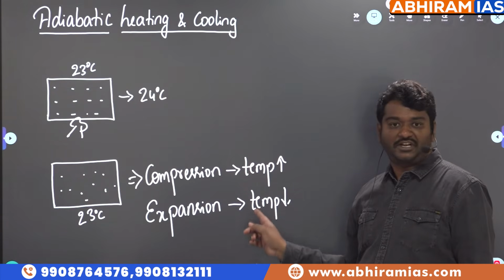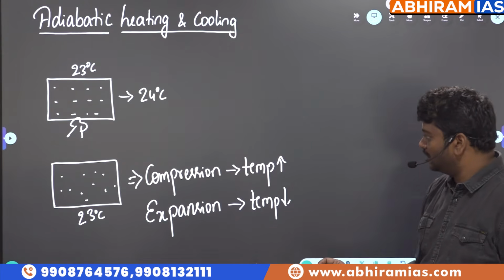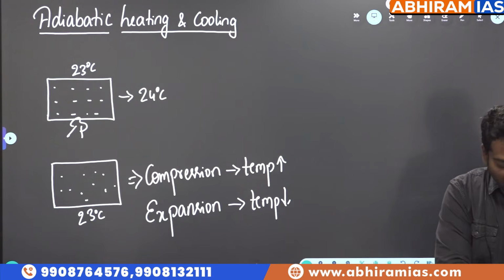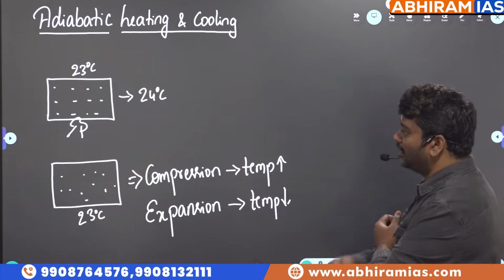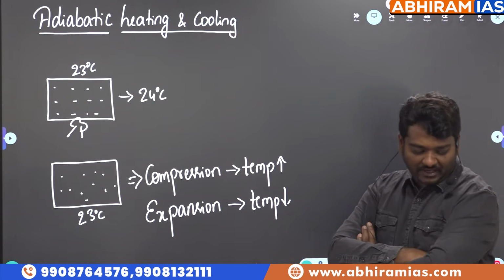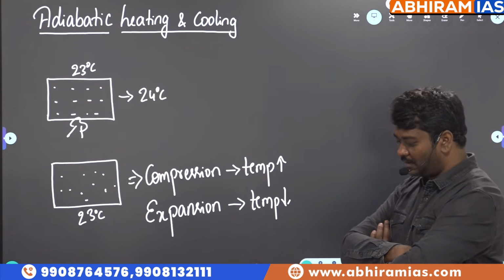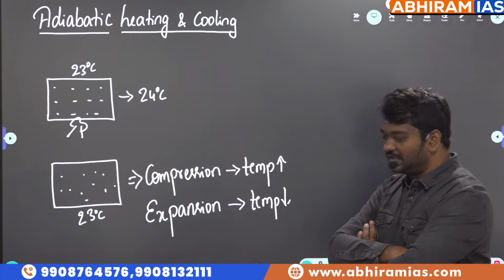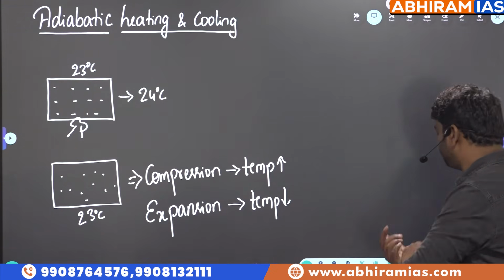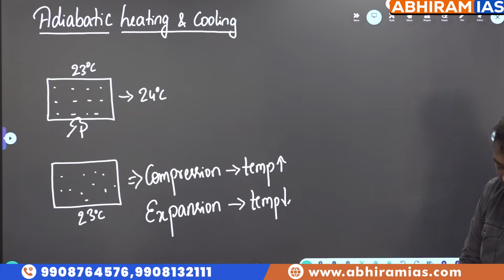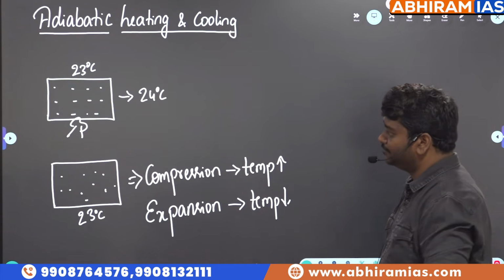That leads to a change in temperature. So, you write a word below. Without providing external heat, underline this. Without providing external heat, if temperature increases or decreases, then it is adiabatic heating and cooling.